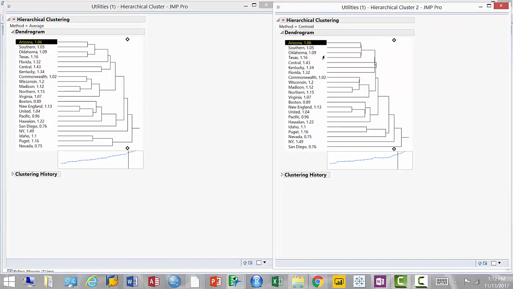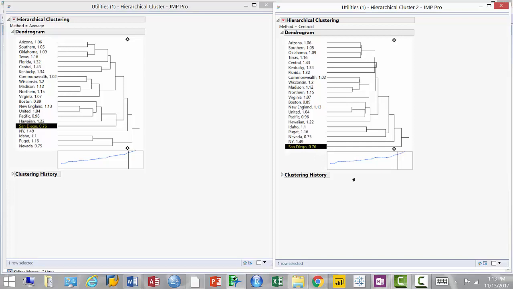Okay, do you see any differences between them? Well, there are differences, right? For one, if I'm using centroid, look at that. The very last cluster to join the big mega cluster of all points in one would be this company right there.